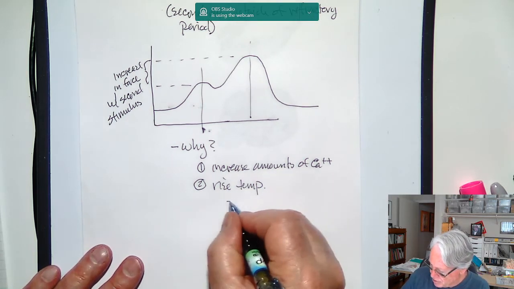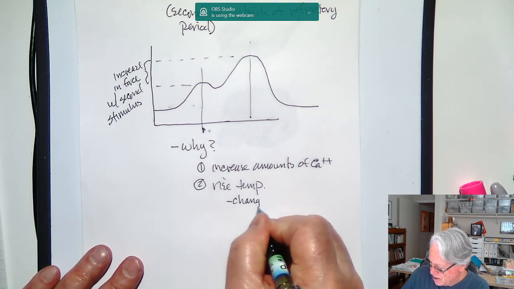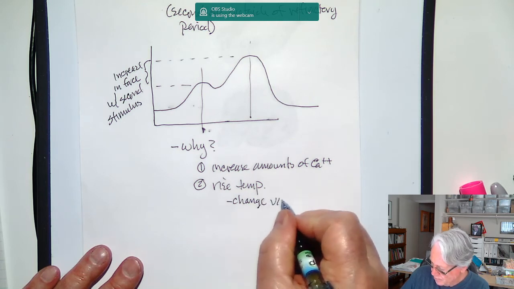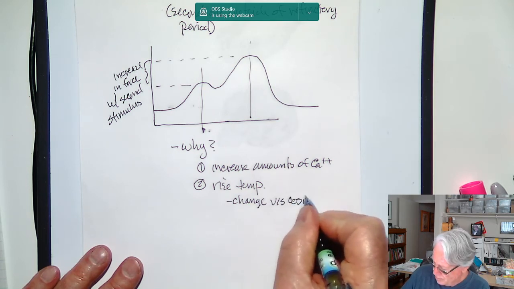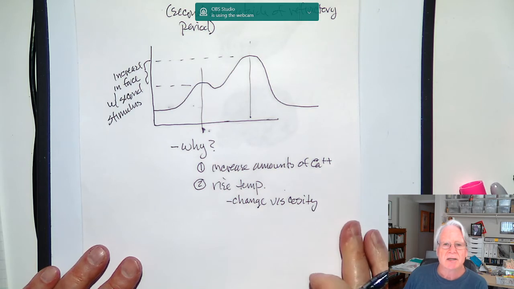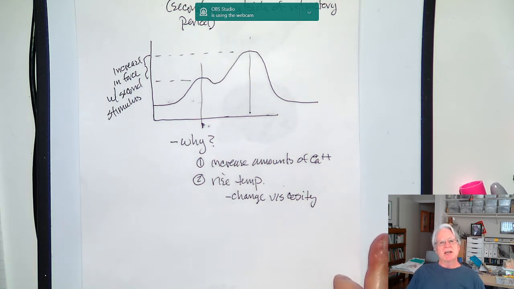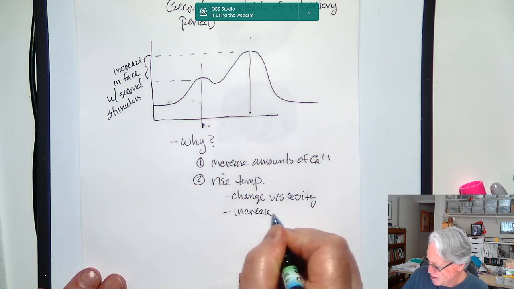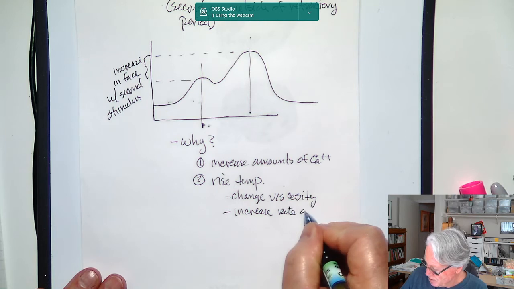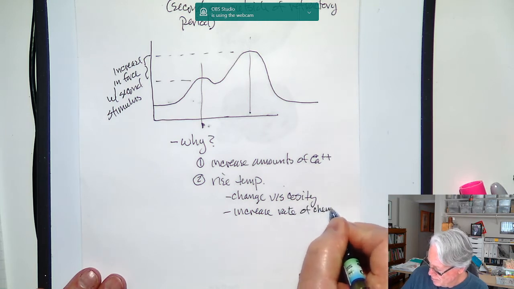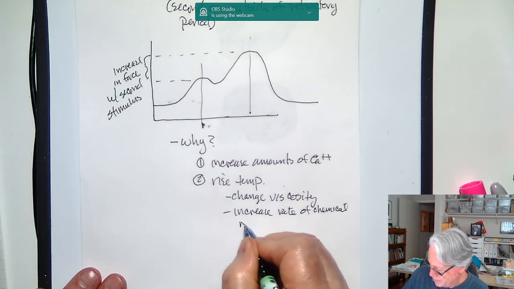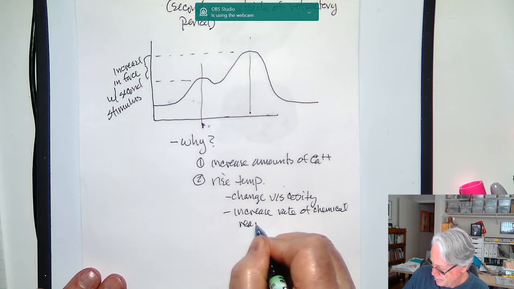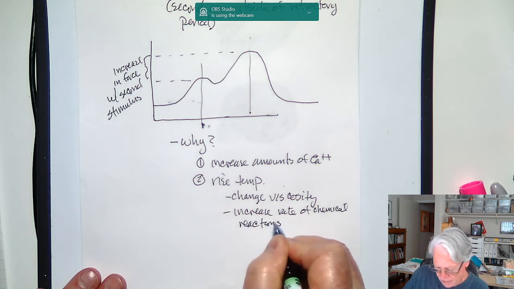So that is going to change viscosity. Things are now moving faster. A rise in temperature will also increase the rate of chemical reactions. Okay.